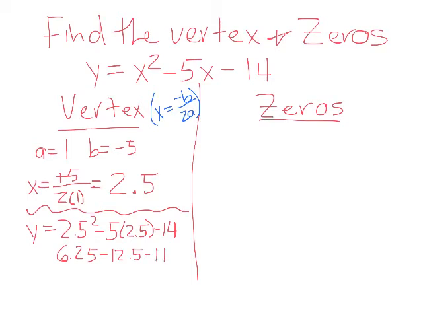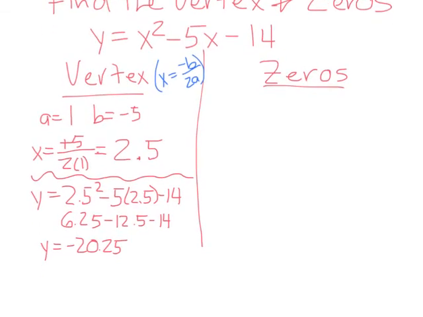Then I have minus 14. So 6.25 minus 12.5 would be negative 6.25. And then minus 14 more would be y equals negative 20.25. So that's all the work I go through to find my vertex.